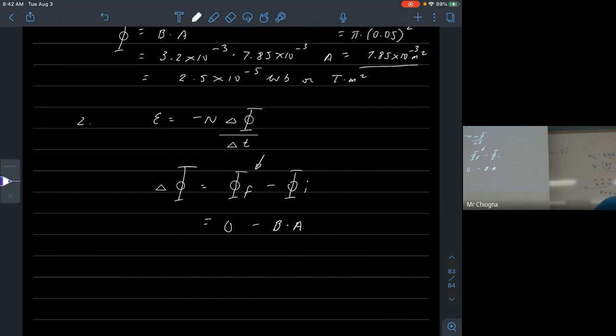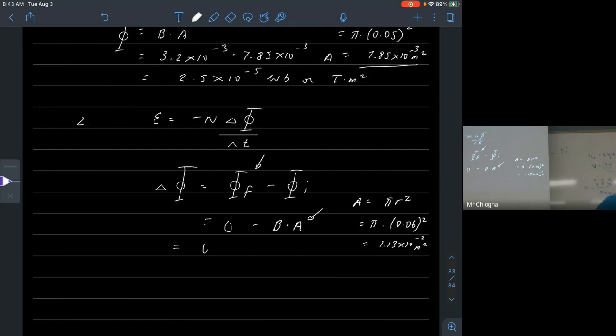So we need to find the area. We need to find this area. Area is equal to pi r squared. In this case, it's 6 centimeters, and it's 1.13 meters squared.